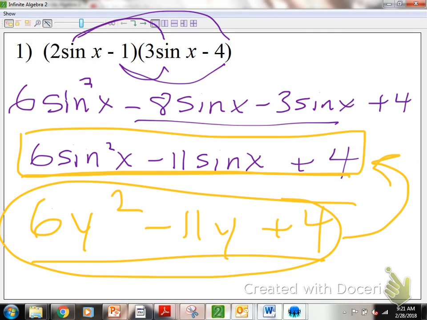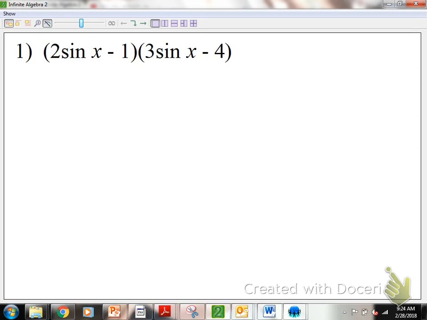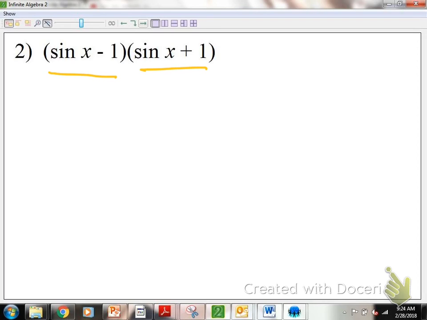All right. What about the next one here? Sine x minus 1 times sine x plus 1. What's the relationship of these two expressions? They're conjugates. And when you multiply conjugates, you get a difference of squares, right?